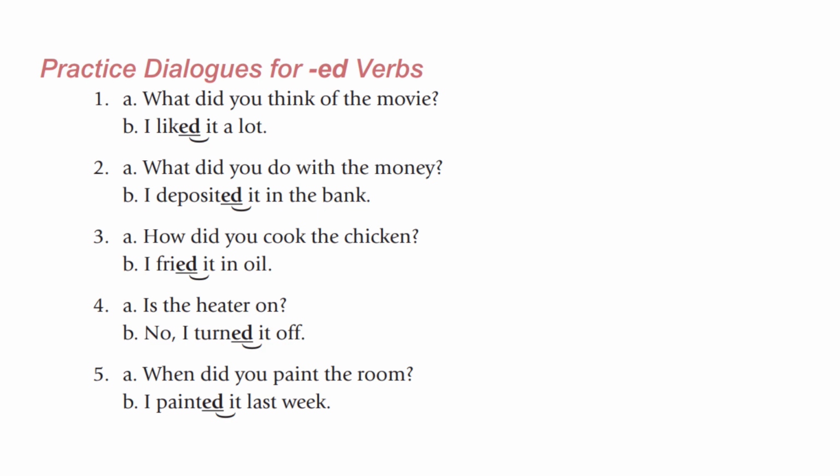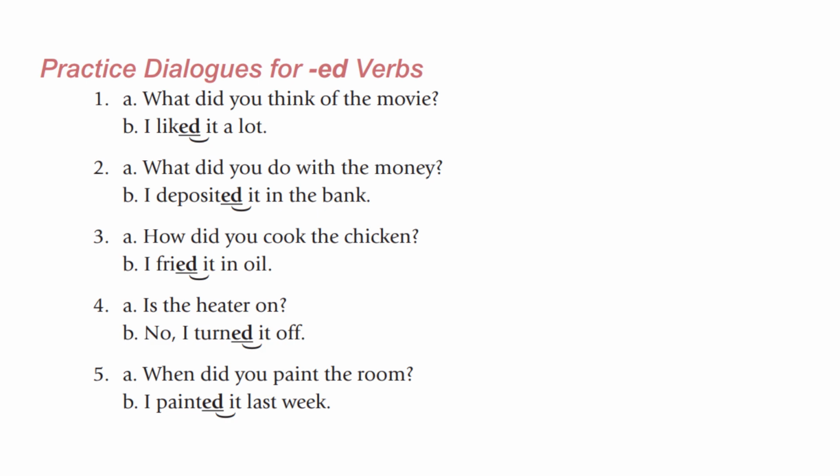Conversations for practice for ED verbs. Listen to the following dialogues, which contain questions and answers, but only repeat the answers because those contain the ED verb and the word it. Make sure that you link these two words. What did you think of the movie? I liked it a lot. What did you do with the money?